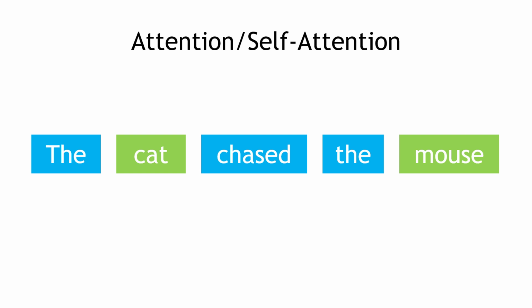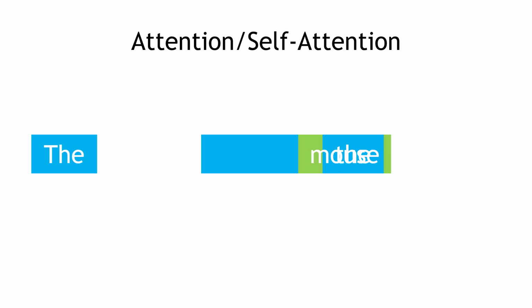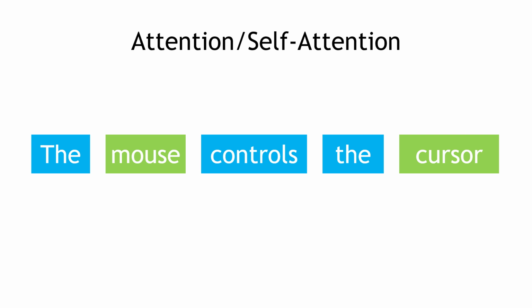So here we see the word cat, and we know that in this context, we're talking about mouse as a rodent. Versus a sentence like this, here the model has learned that mouse is related to a cursor, so we know that we're talking about something related to computers and not a rodent.